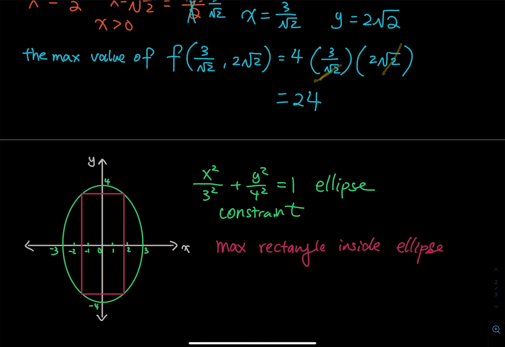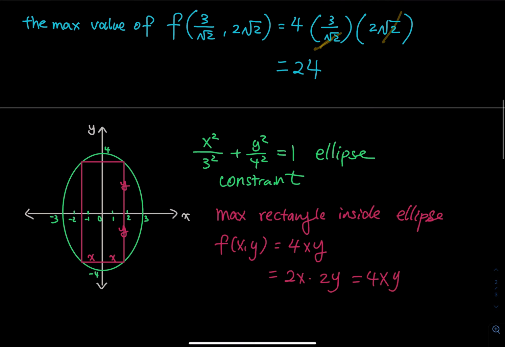We have f of x, y equals 4 times xy, right? So the way we do this is, we call this x, this x, this y, and this y. So the area of the rectangle is 2x times 2y. That is how I got the 4xy.